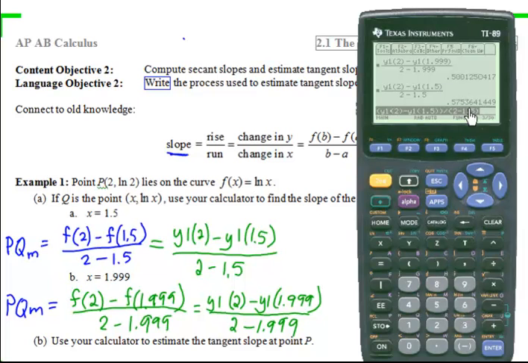Notice we got 0.575 as our approximate slope, or our secant slope, when the points were 2, f of 2 and 1.5, f of 1.5.